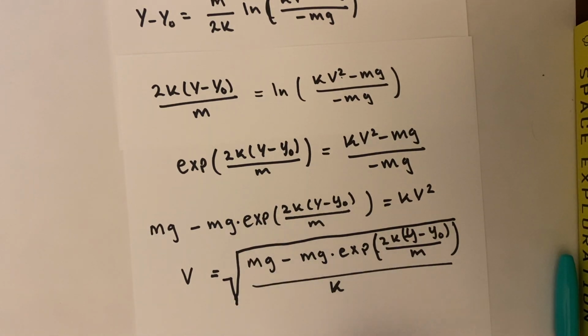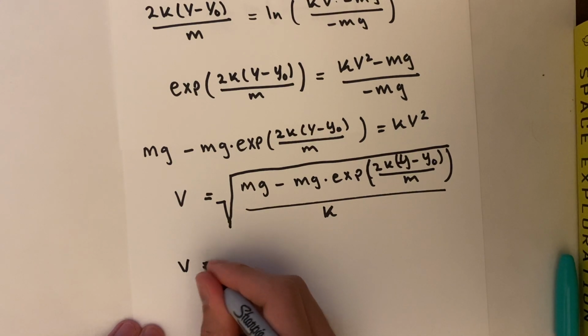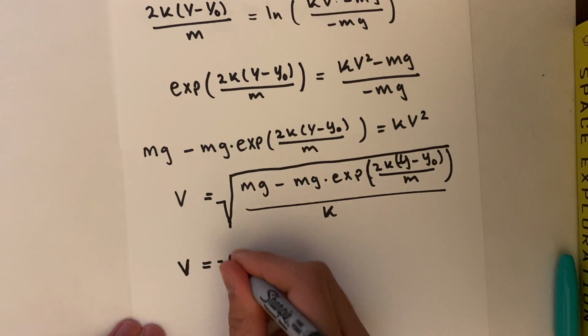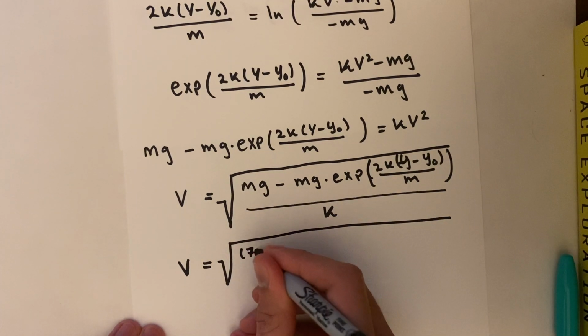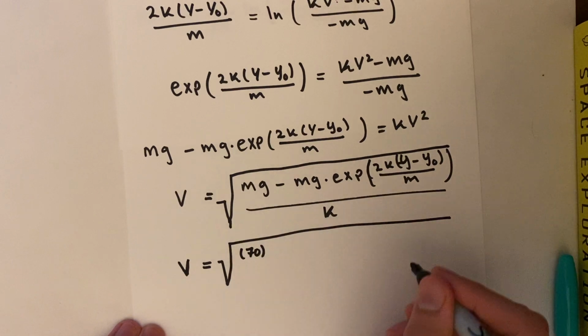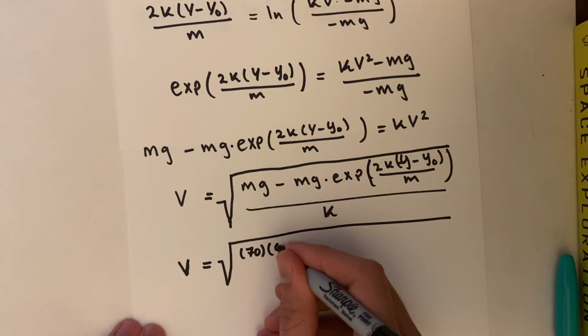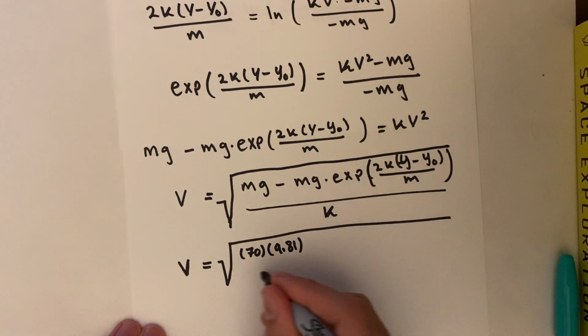Keep it simple. And now if we plug in our values, m is 70. I can't put the units here, I'd run out of space. And gravity is 9.81 meters per second squared.